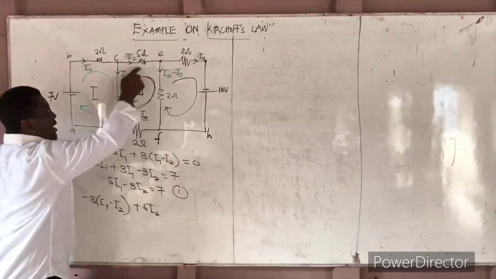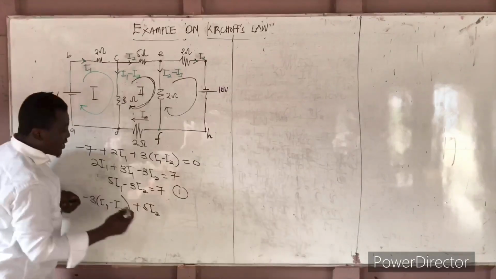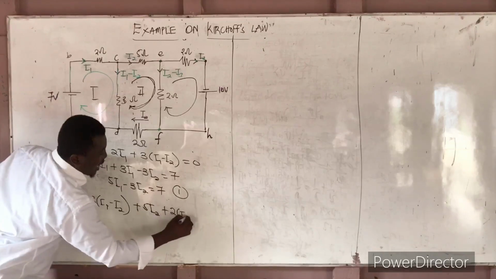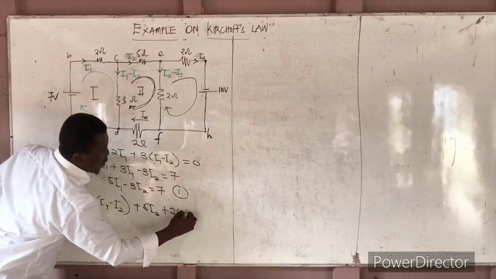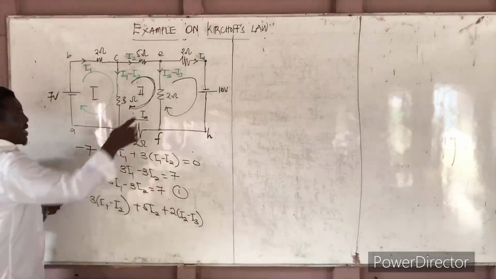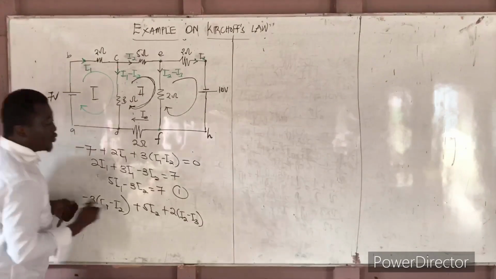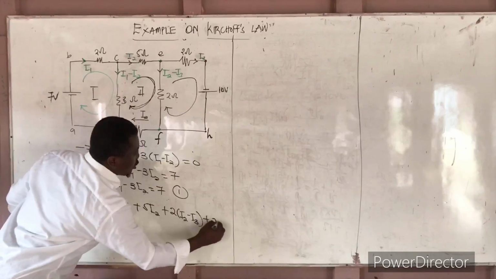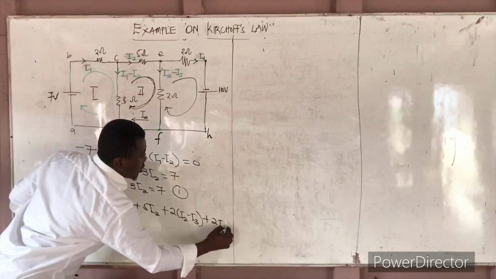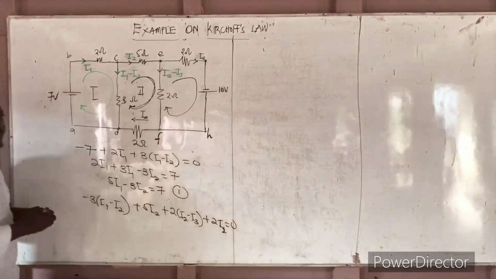Then the loop is in the same direction as I2 minus I3, so you get plus 2(I2 minus I3). Then the loop is in the same direction as I2 over here, so you get plus 2I2. And this is equal to 0.